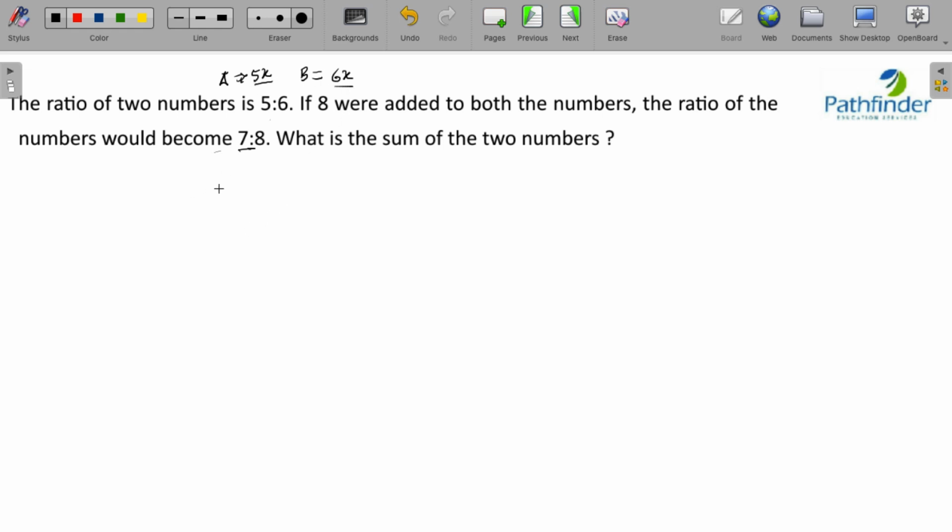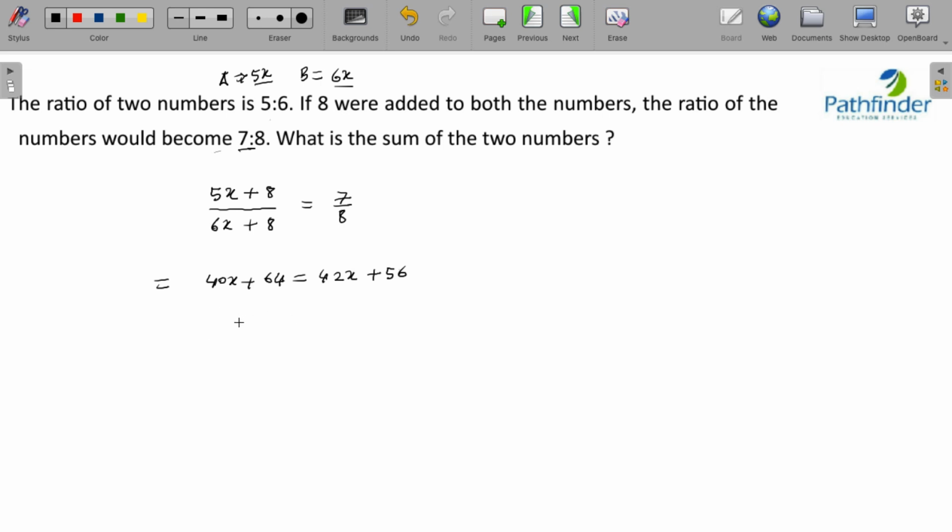Now if you add 8 to both the numbers, if 8 is added to a, it becomes 5x plus 8. Then we add 8 to 6x, it becomes 6x plus 8. And this ratio becomes 7:8. Now if you solve this, 40x plus 64 is equal to 42x plus 56.